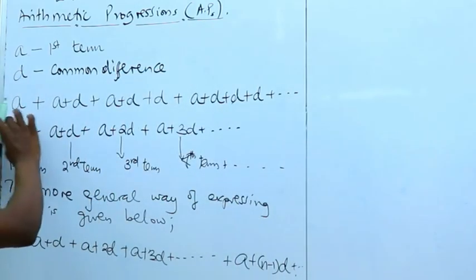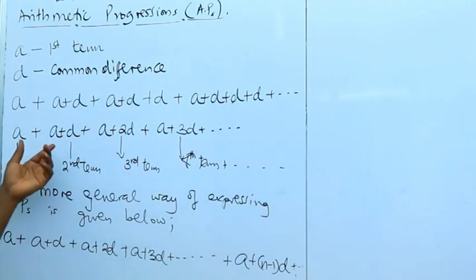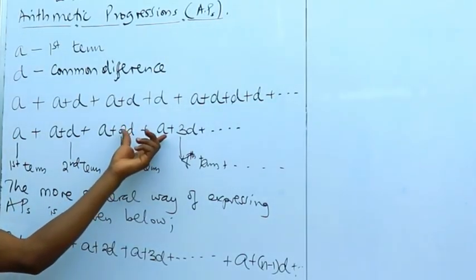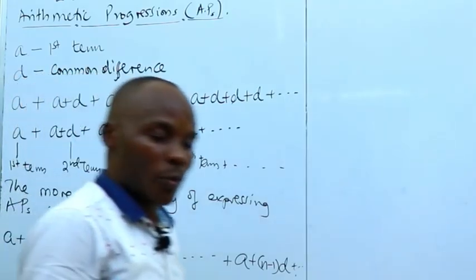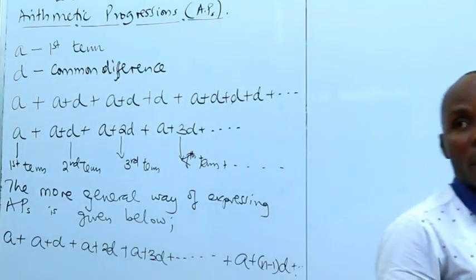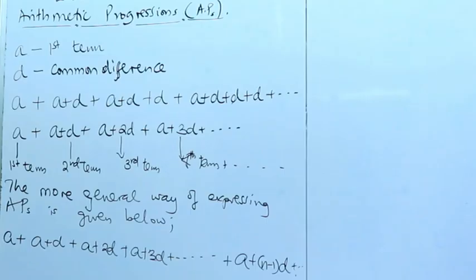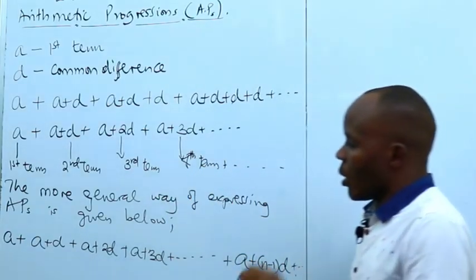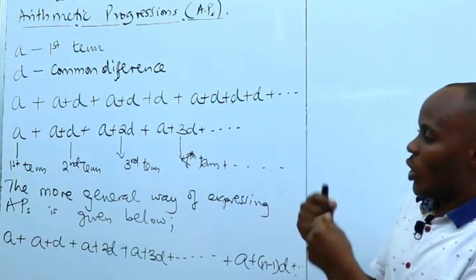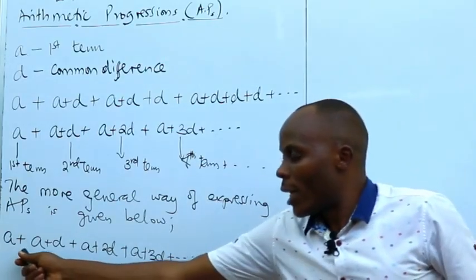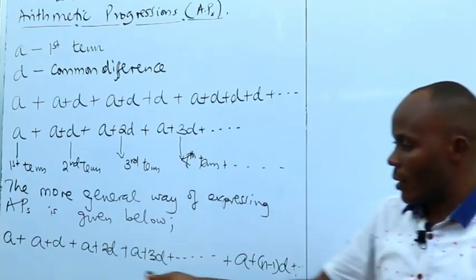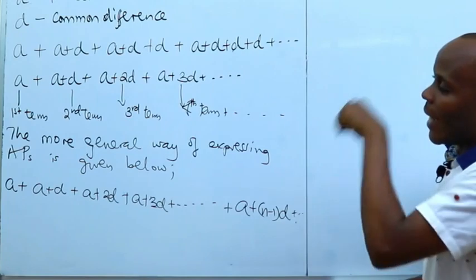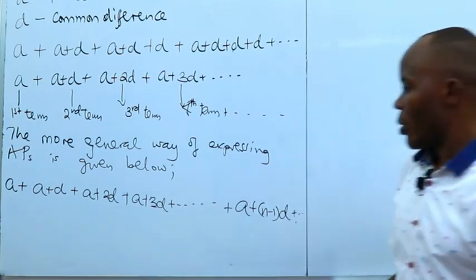What I was trying to do here was generate terms that give us arithmetic progressions, but we have to look at a more general way. And in this series that I've given you, I've included the nth term.